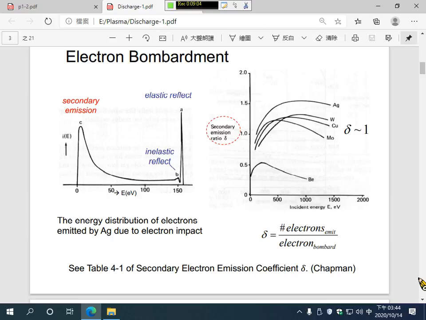There are different types of electron source, and you can call this the electron gun.